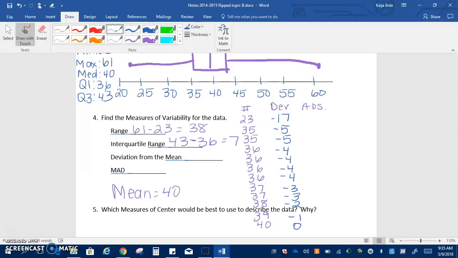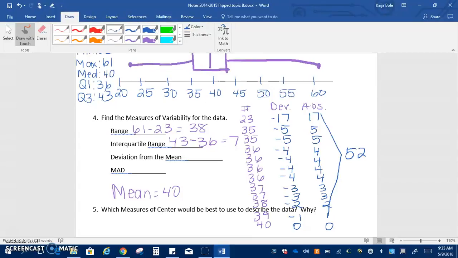Now if we do our absolute deviations, we'd have 17, 5, 5, 4, 4, 4, 4, 3, 3, 2, 1, and 0. If you add all these up, I'll just tell you it's 52.